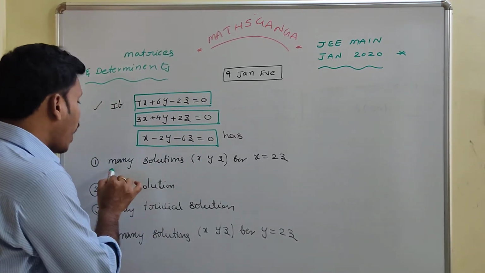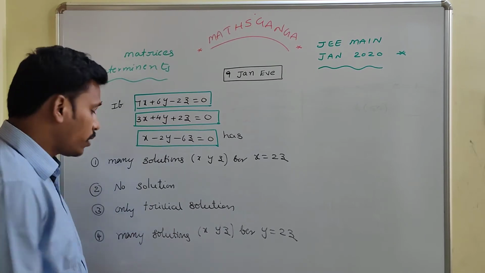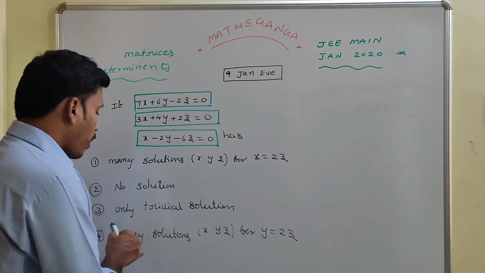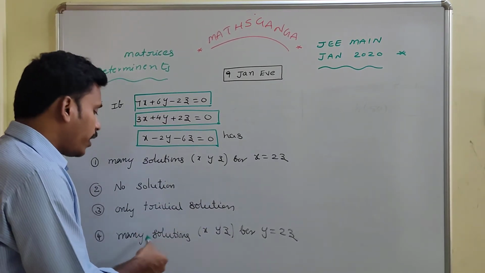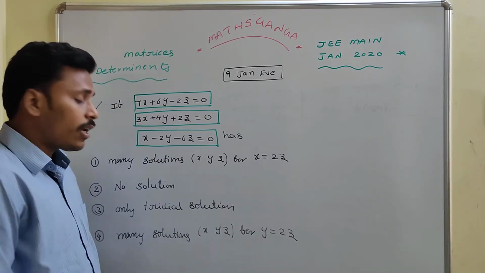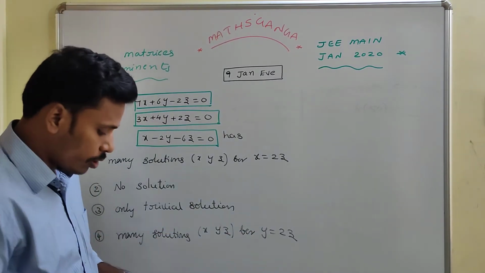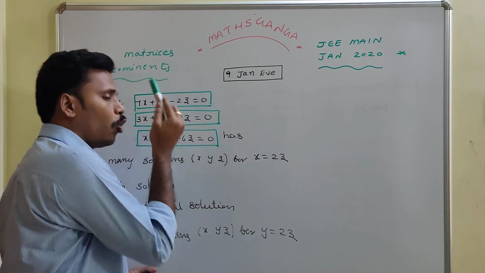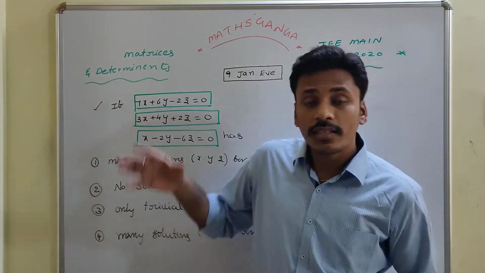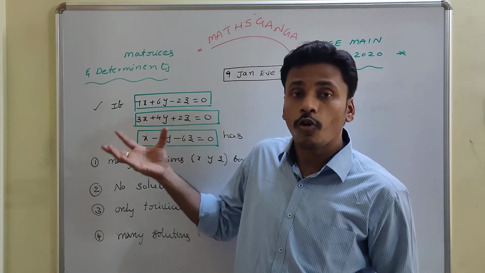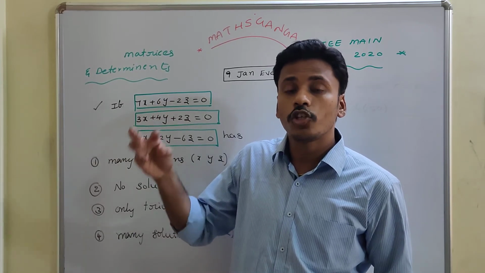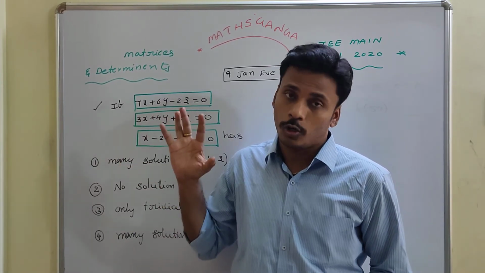It may have many solutions as per the first option, it may have no solution, or it may have only trivial solutions, or it may have many solutions. Trivial solution and non-trivial solution. If the constant terms are zeros, for sure for these types of homogeneous equations, x equals 0, y equals 0 and z equals 0 is one solution.